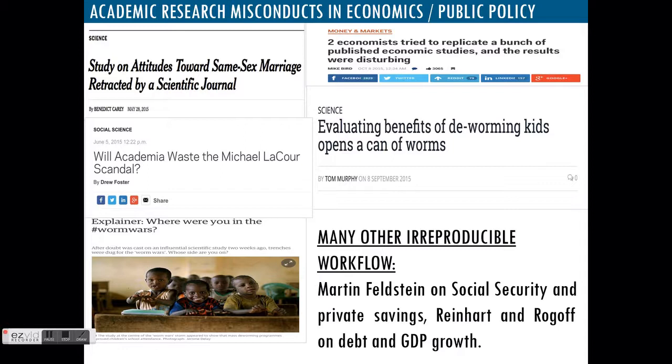And here I'm just trying to show you the importance of reproducibility and replicability in social sciences by underlining the fact that there has been a lot of academic research misconduct in economics and especially in public policy over the past decade.